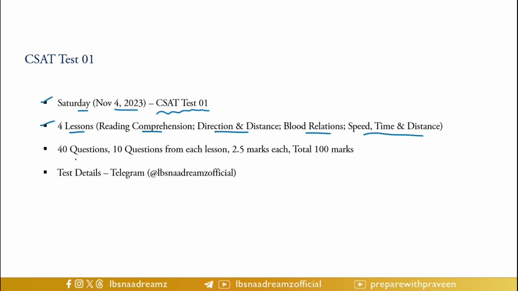So 40 questions will be asked, 10 questions from each lesson. Each question will have 2.5 marks. Totally, the test will be for 100 marks. I will share the test details in our Telegram channel at Labasna Dreams Official. We will analyze how we have understood these chapters, right?